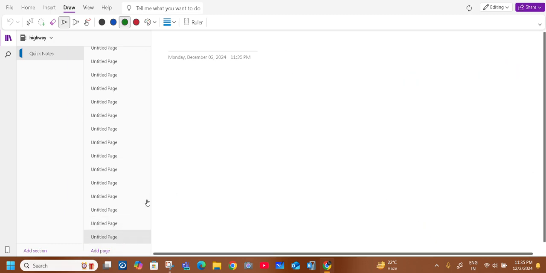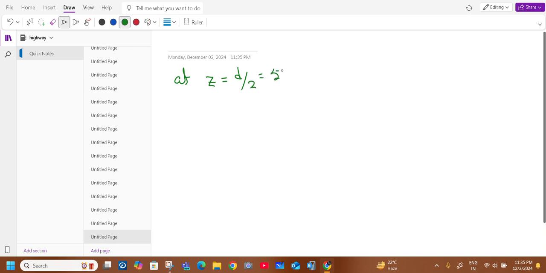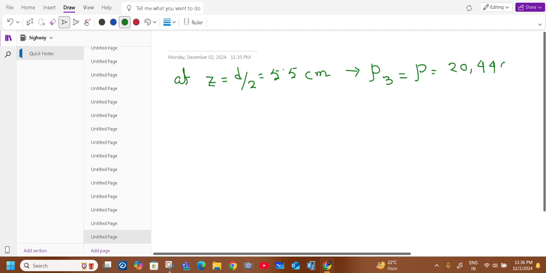So at Z equal to D by 2 equal to 5.5 centimeter, the pressure P is equal to 20,440 Newton, and at Z equal to 2S, that means 54 centimeter, by mistake I have written P3.